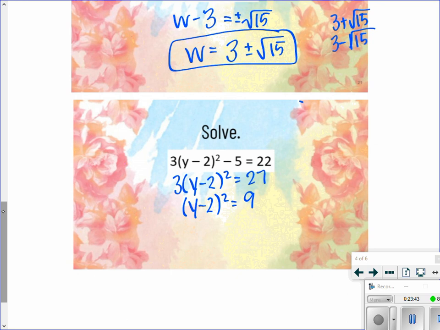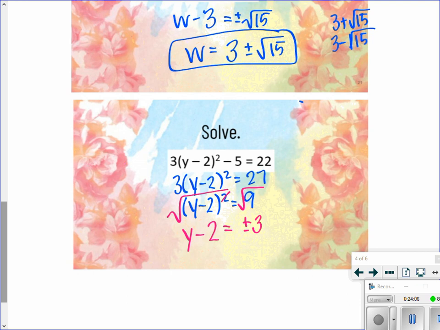Do you now have the parentheses by itself? Yeah. That means you are now taking the square root. What that does is take away the squared, which means the parentheses are gone. Y minus 2 equals a positive and a negative 3.